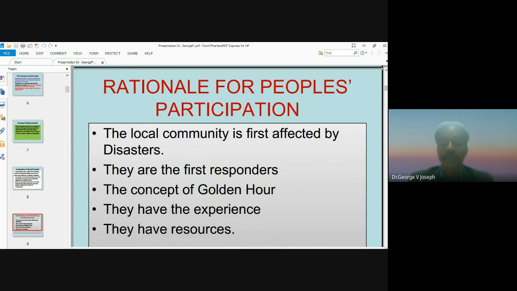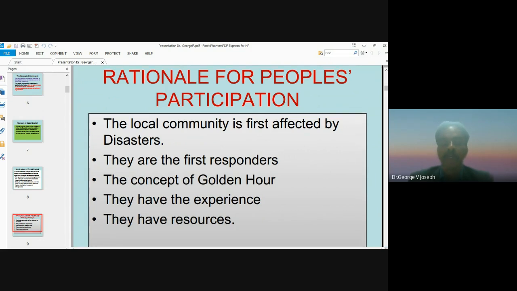So the golden hour help comes from the local people. They have the experience, they have the resources. Many of these risk-prone communities have their own resources, like tractors or vehicles or communication systems and their networks. Those are available. So because of all this, it is important.